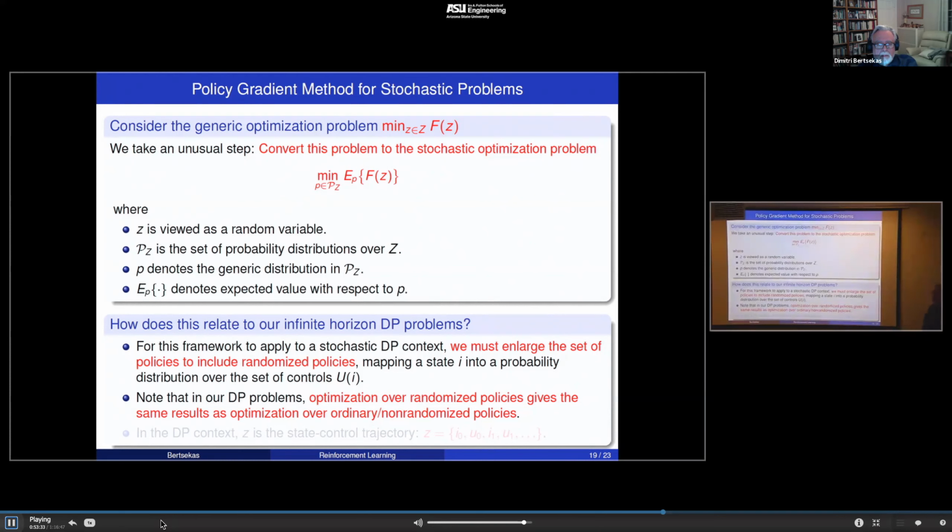So that's a theoretical result that tells you that the optimal value of this problem is the same as the optimal value of this problem. And another thing to note is what is Z in the dynamic programming context? Z is the state control trajectory, okay? So given a state control trajectory, this gives me a cost value, which we then take the expected value of, and we get the cost like that.